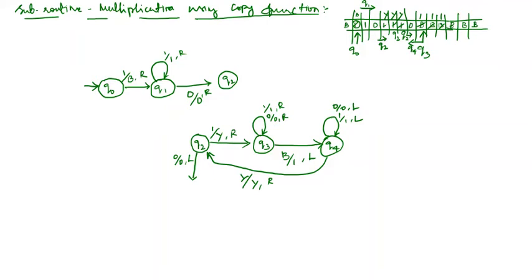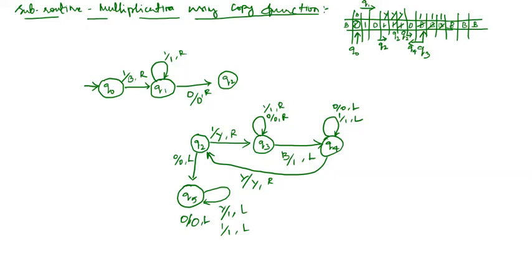So I have to come back to the x value and read the next 1. So from q2 I will be coming to q5 by changing all the y into 1, and when I read 1, keep it as 1. When I read 0, keep it as 0 and move left. The only thing is I have to read 0.